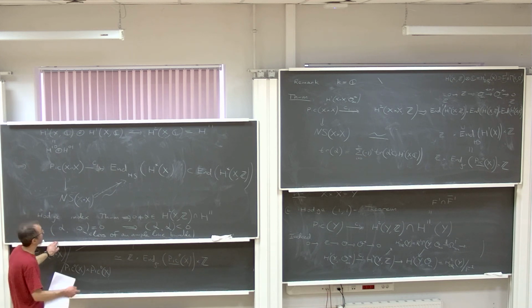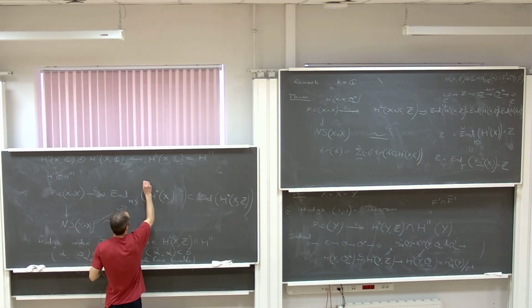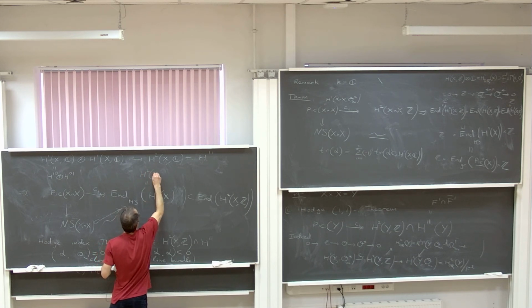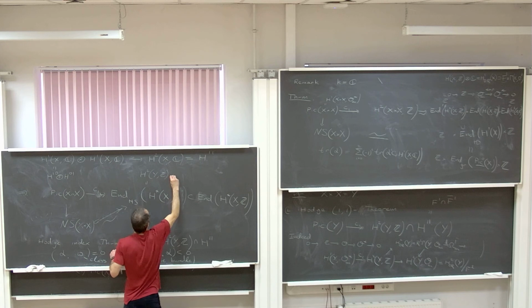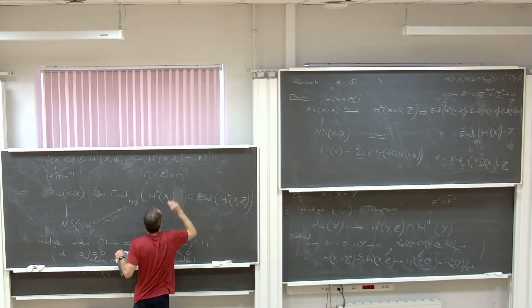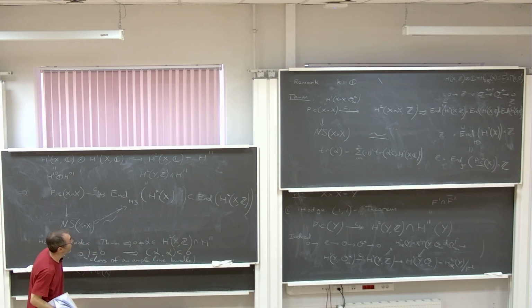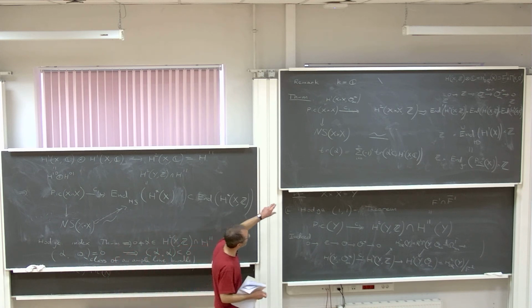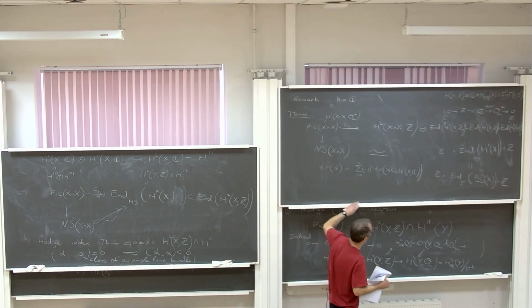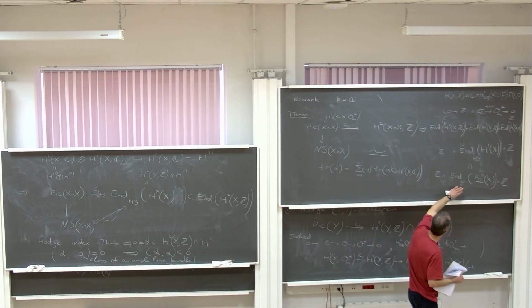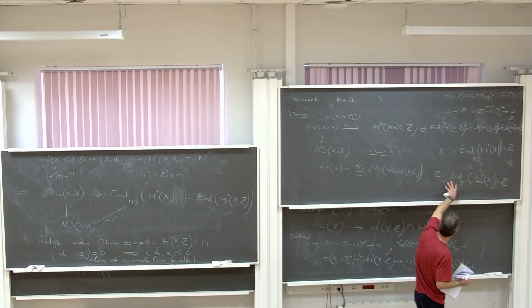So this is H2(Y, Z) intersected with H^{1,1}. Okay, so here is the theorem, and let me explain.